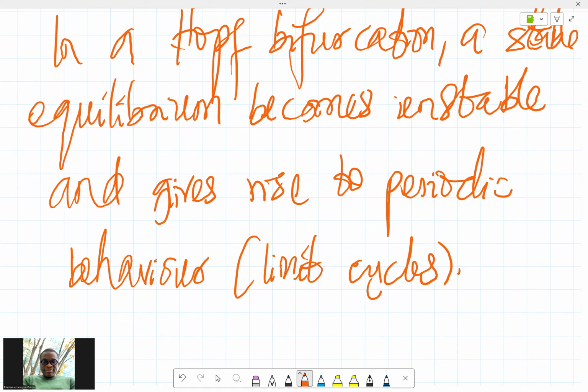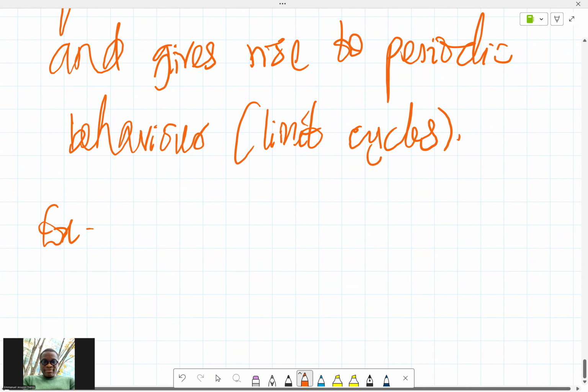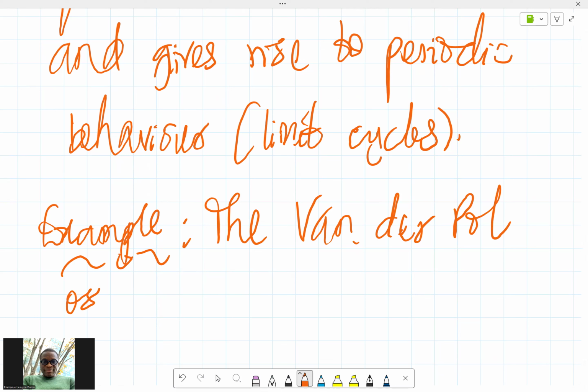So just orbiting the critical point. An example of this is the Van der Pol oscillator.